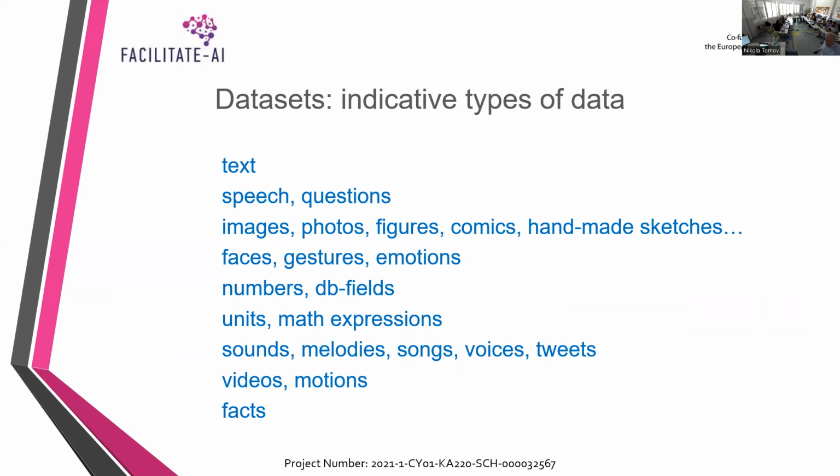I think that we sometimes forget this. So, sounds, melodies, songs, voices, and tweets, not the Twitter tweets, the tweets of the birds. Okay, and of course, video and motions and facts. I don't know what this is, but this includes many things.